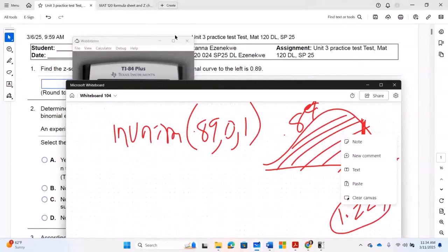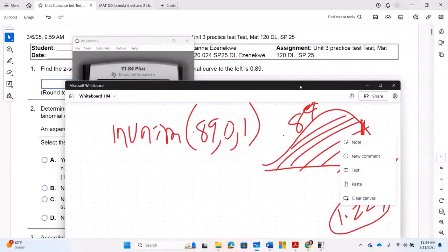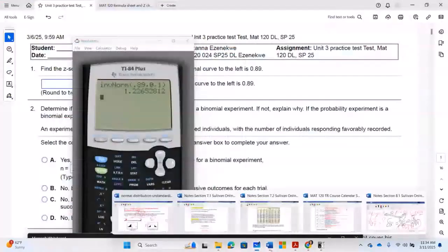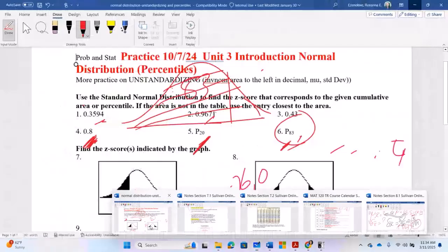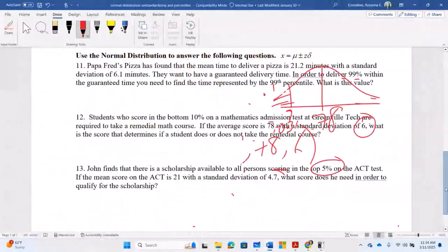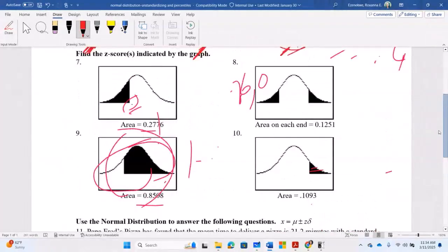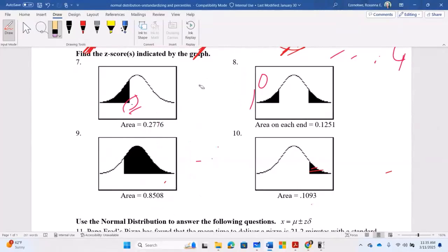Okay, so let's look for another one. You could also be given the area inside the normal curve, like these ones here, and told to find the z-score corresponding to the boundary line.